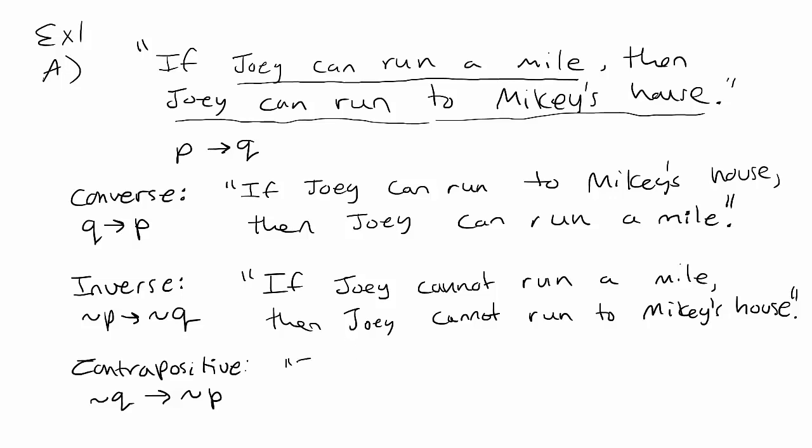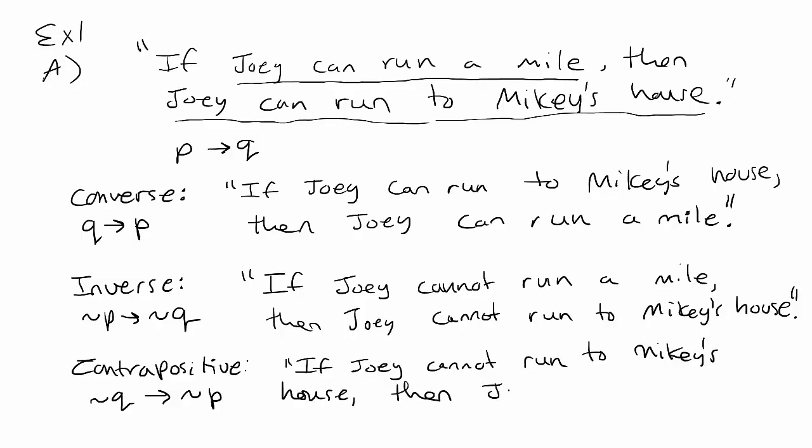So this is going to look like if Joey cannot run to Mikey's house, then Joey cannot run a mile. And when you're doing these, make sure you title, label each of these statements, each of these conditionals. Make sure you clearly put down which one's the converse, the inverse, and the contrapositive.